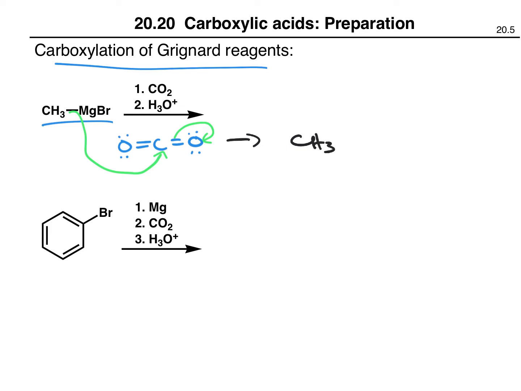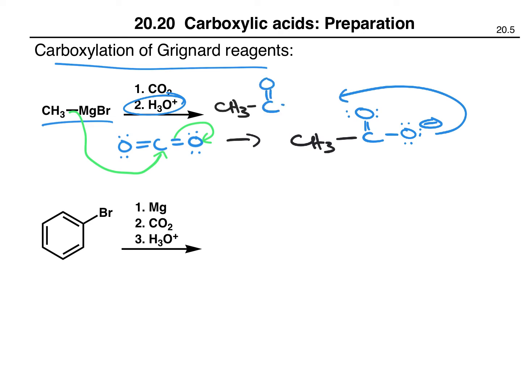And that gives us this intermediate, and then with aqueous acid workup we will get a carboxylic acid with one additional carbon beyond what we started with in the Grignard reagent.